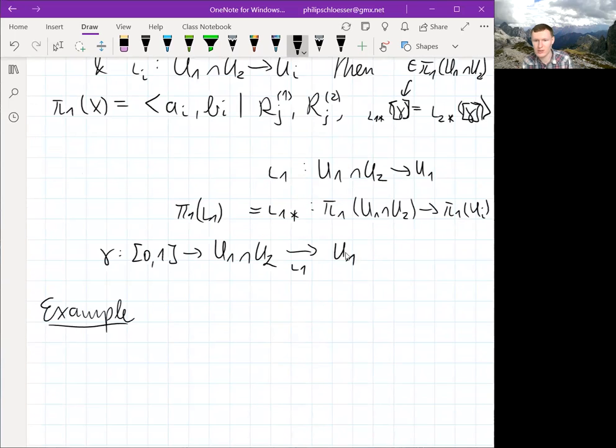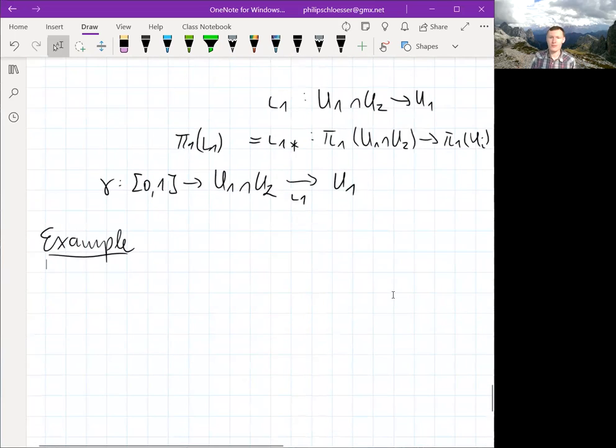And I guess one example we can use this with is to show that spheres are simply connected.